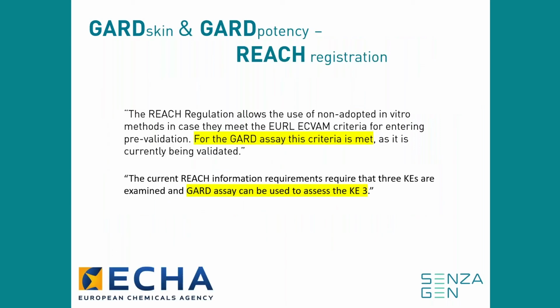While we are awaiting this, we do have a statement from the European Chemical Agency that it is possible to use the GARD assay as a point of departure or a weight of evidence in order to fill your REACH dossier for key event number 3.